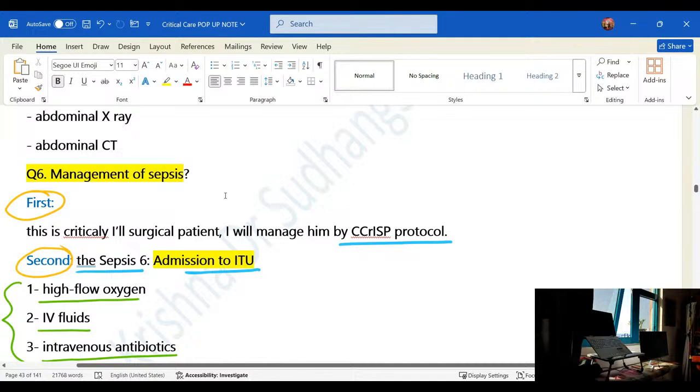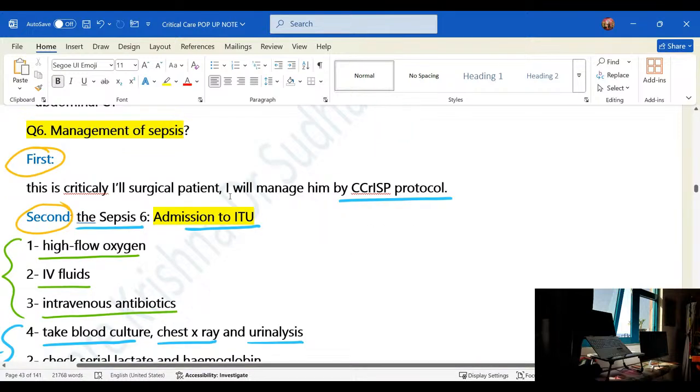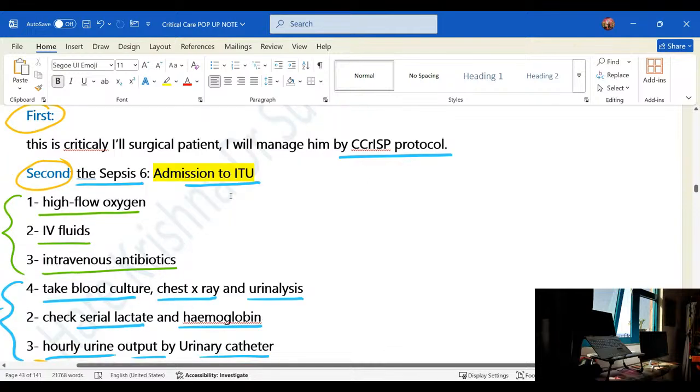We are suspecting this is an anastomotic leak and the patient is now in sepsis. So first, this is a critically ill surgical patient. I will manage by the CRISP protocol. I will admit the patient in ITU, give high flow oxygen because he is tachypneic, IV antibiotic, and IV fluid.